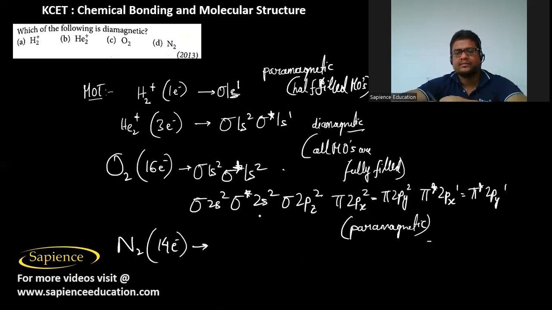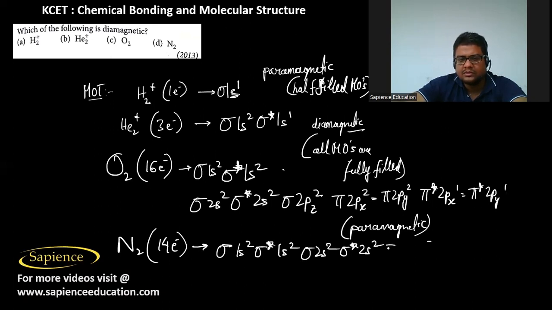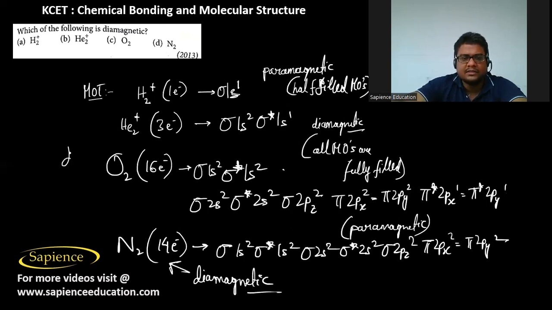If we write the molecular electronic configuration of N2, that will be sigma 1s2, sigma star 1s2, sigma 2s2, sigma star 2s2, sigma 2pz2, and then pi 2px2 equals pi 2py2. Here we see all the molecular orbitals are fully filled. So it means N2 is the diamagnetic species. Hence option D is the correct answer.